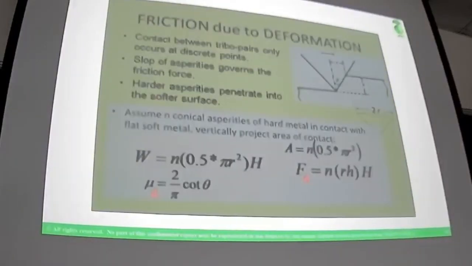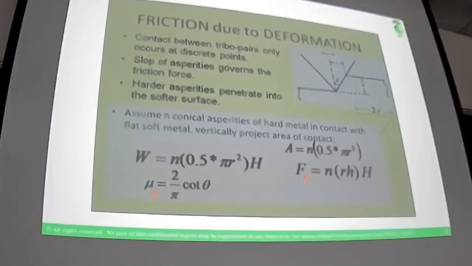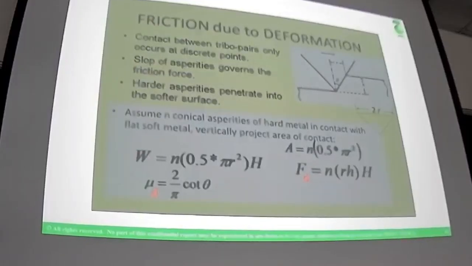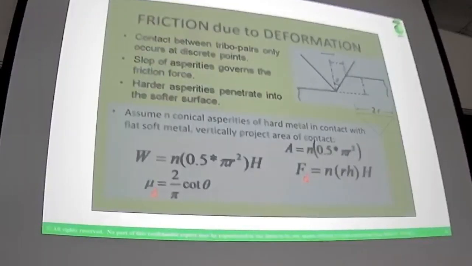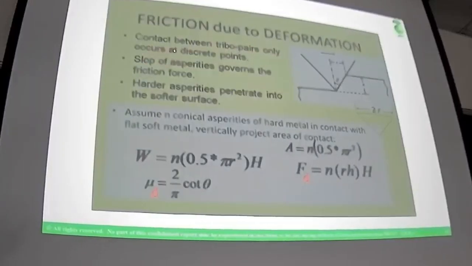so now we need to explore, or give you some explanation for, the friction due to deformation. So we have some statements here. The first one is that the contact between the tribal pair only occurs at discrete points.